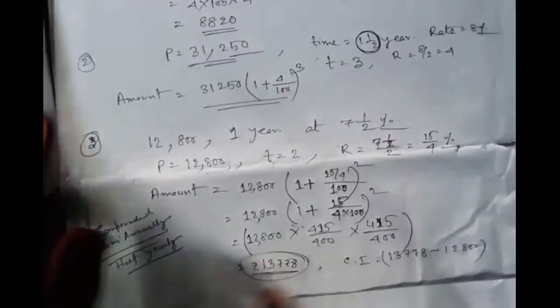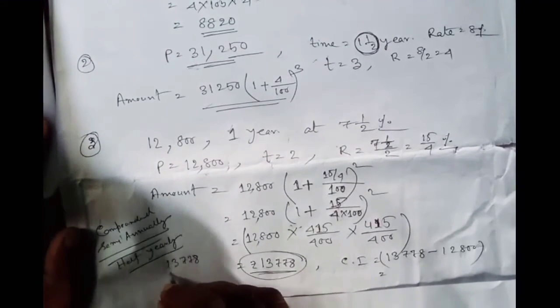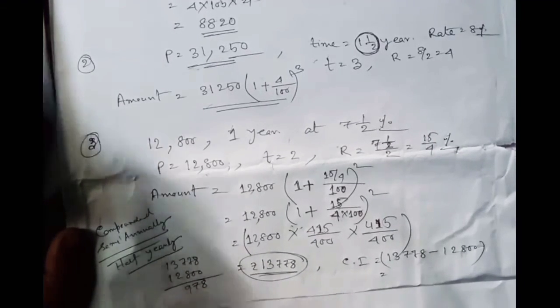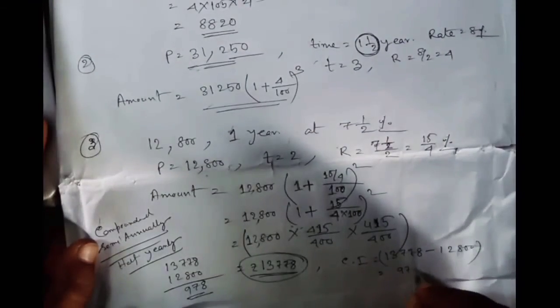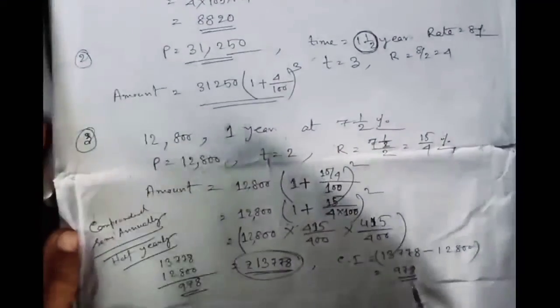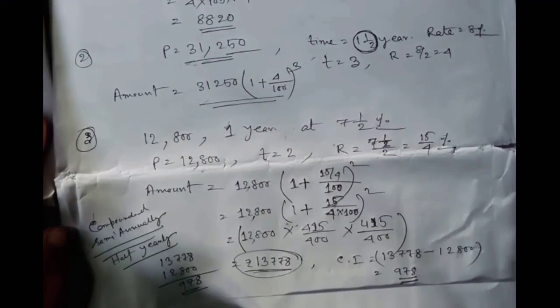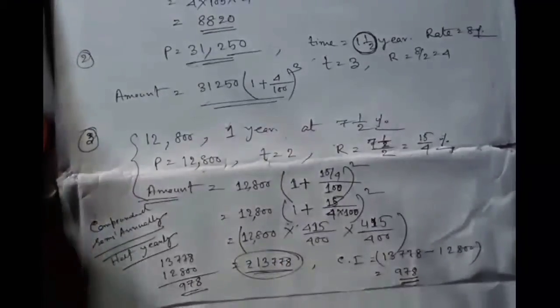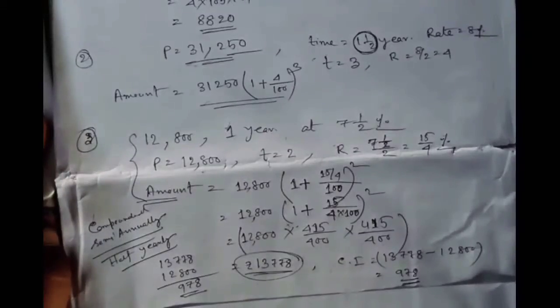If we do the calculation, 13,778 minus 12,800, so this is 978. Actually, this differs from the book. So, again I suggest that you should do it on your own. If you have any problem regarding any correct answer, then you can comment to me in my comment box. Next, we are moving to another question.